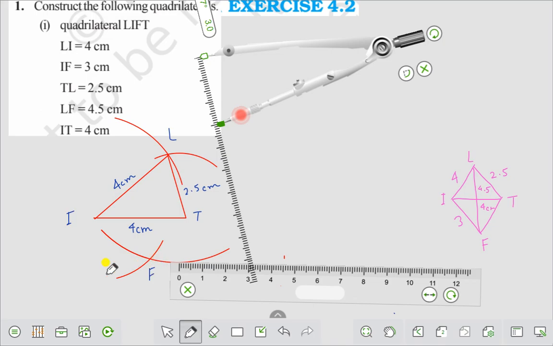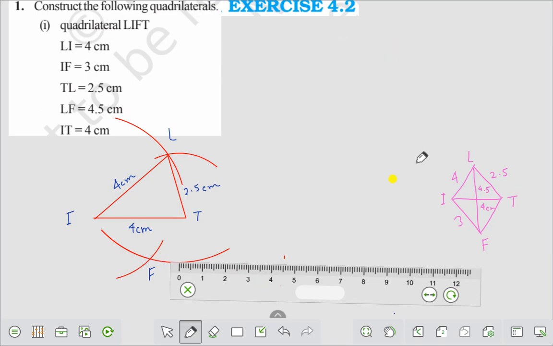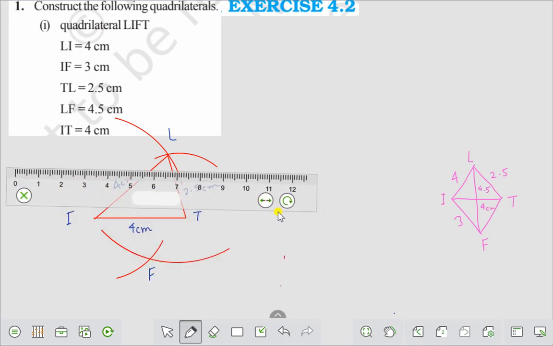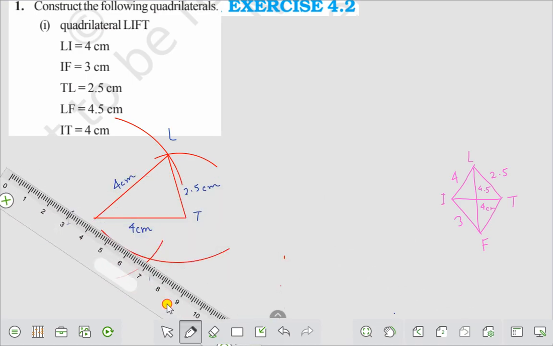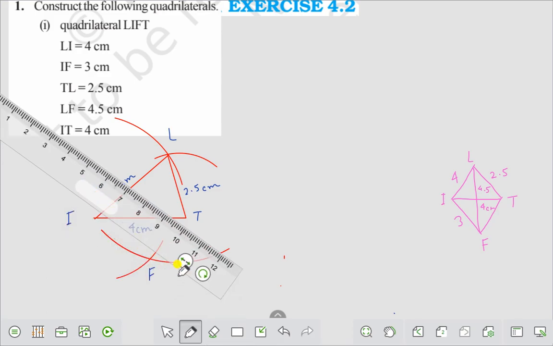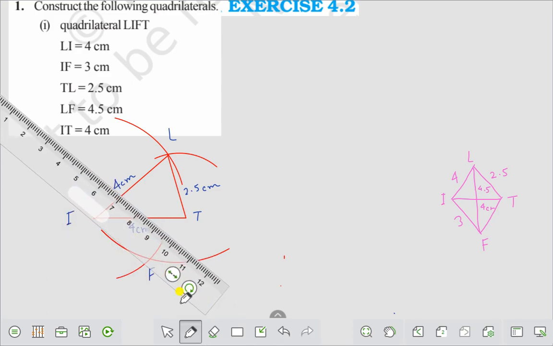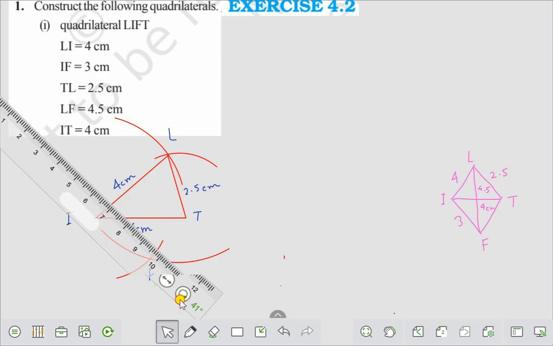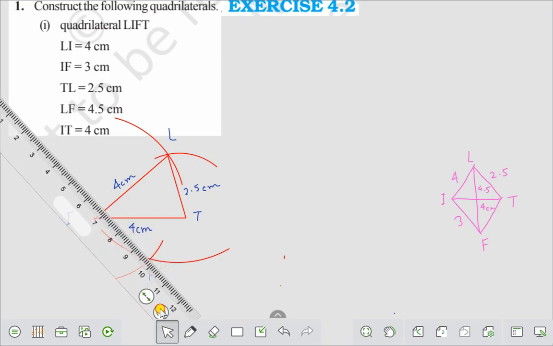Now join IF, that is 3 centimeter. Join IF with the help of the ruler.